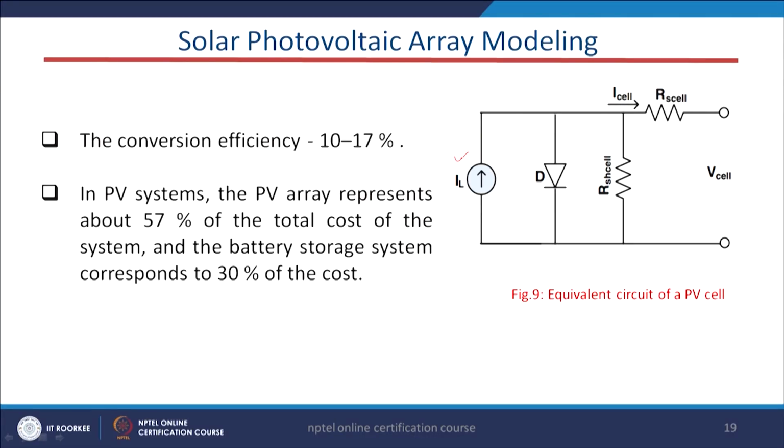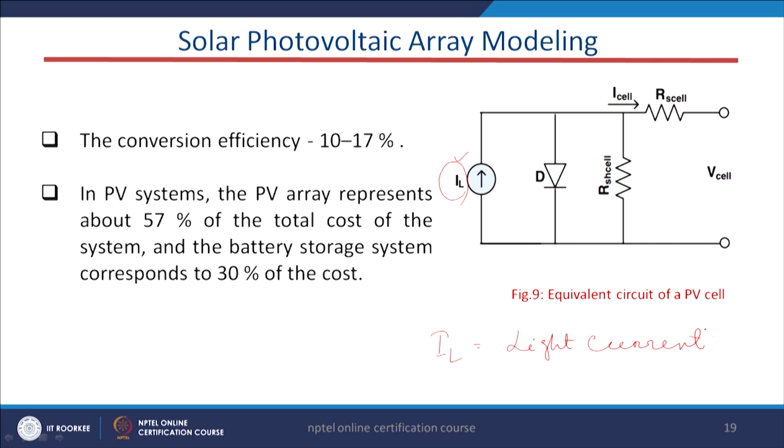Now, coming to the solar photovoltaic array modeling. Here a single solar cell is represented in terms of this electric current. This IL stands for the light current. Why is it light current?